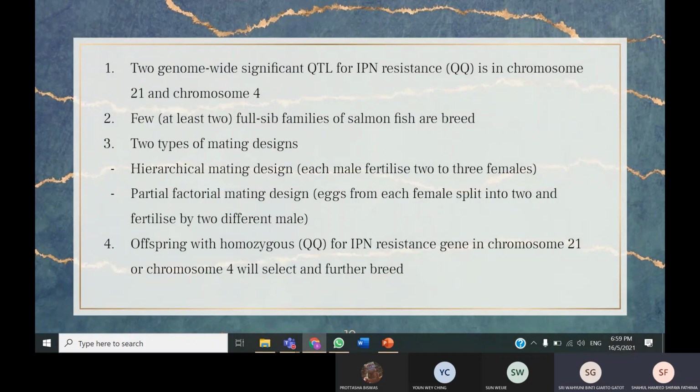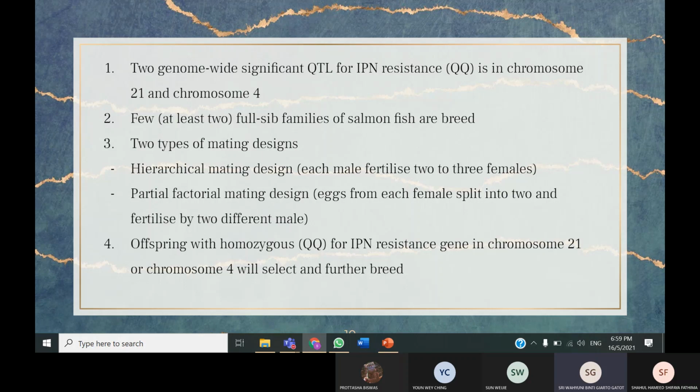For this part, this one is for the breeding. First thing we need to know is that the two genome-wide significant QTL for IPN are on chromosome 21 and also chromosome 4. So at least two full sibling families of salmon are bred. These are the two types of mating design that can be used: the hierarchical mating design and the partial factorial mating design.